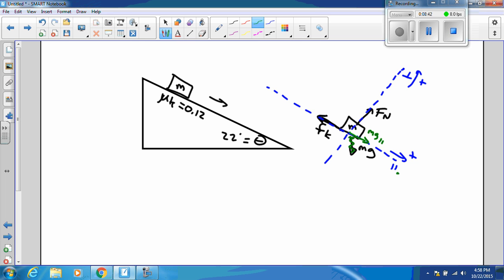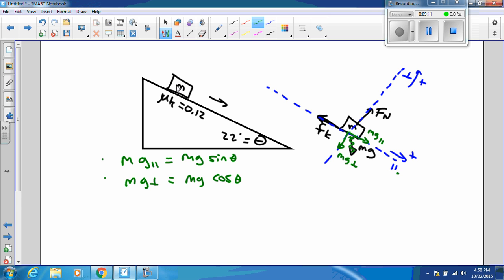So we'll scratch it out and replace mg in the parallel direction, matching the axis here, and mg in the perpendicular direction, matching the axis here. And of course, we remember that mg parallel is equal to mg times sine theta, and mg perpendicular is equal to mg times cosine theta.